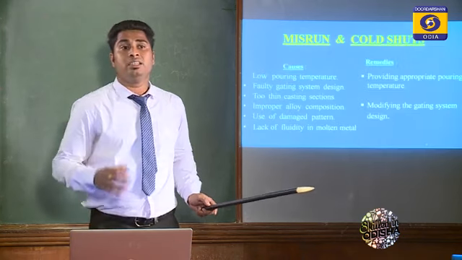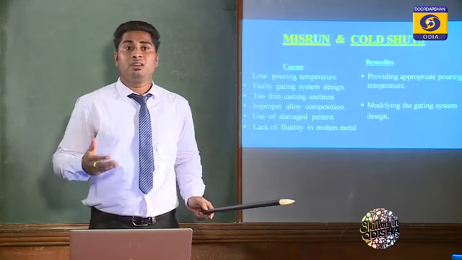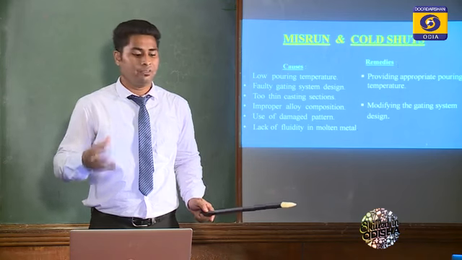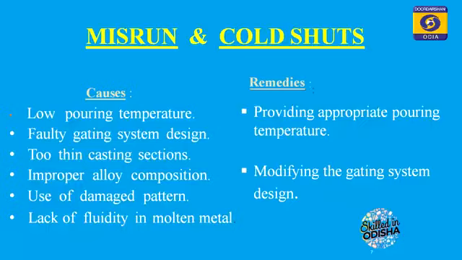So what are the reasons and remedies of misrun and cold shut casting defects? These are the reasons: if the pouring temperature is low, a faulty gating system, too thin casting sections, improper alloy composition, or a damaged pattern, then there is a chance of misrun and cold shut.